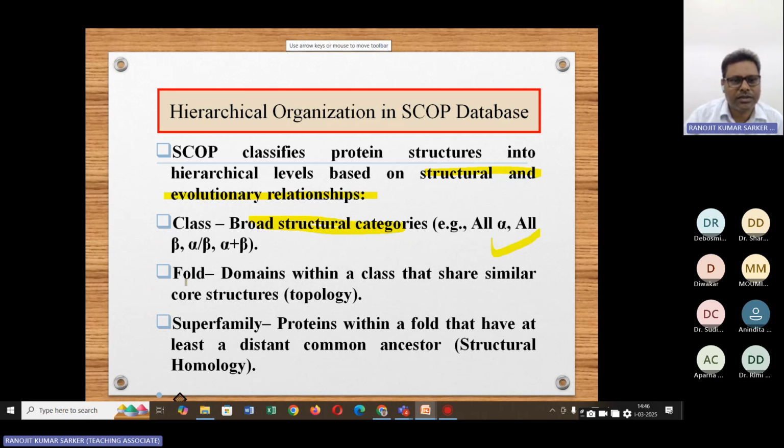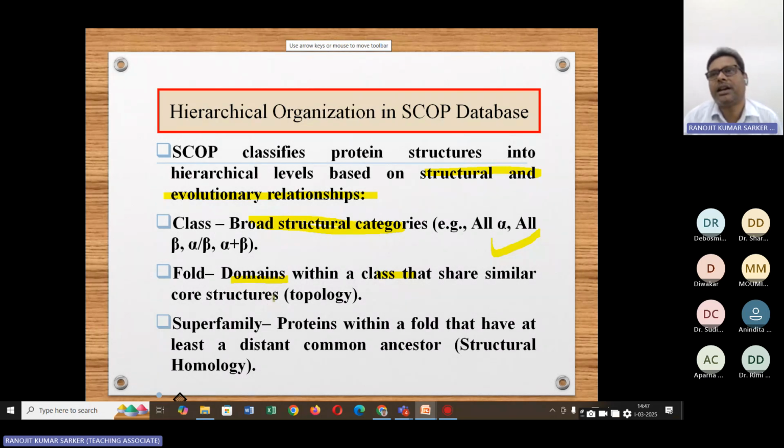Then we have folds. Just as we have seen in the hierarchy, folds are domains within a class that share similar core structures or topology. That means the connectivity of the core domains in a fold will differ from one to another with respect to topology.